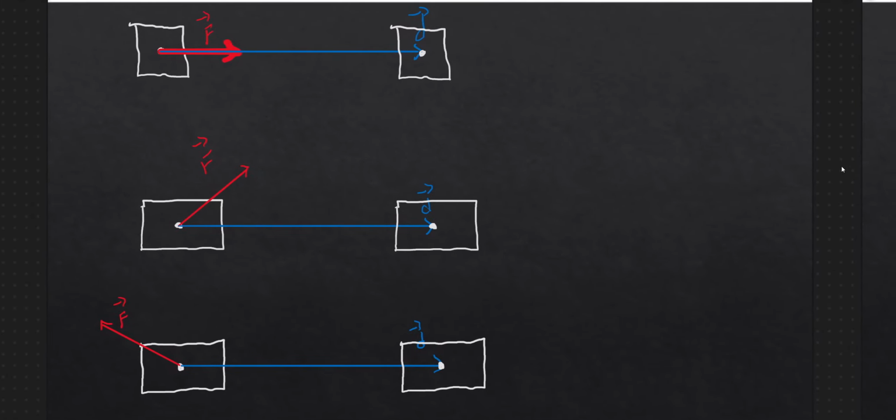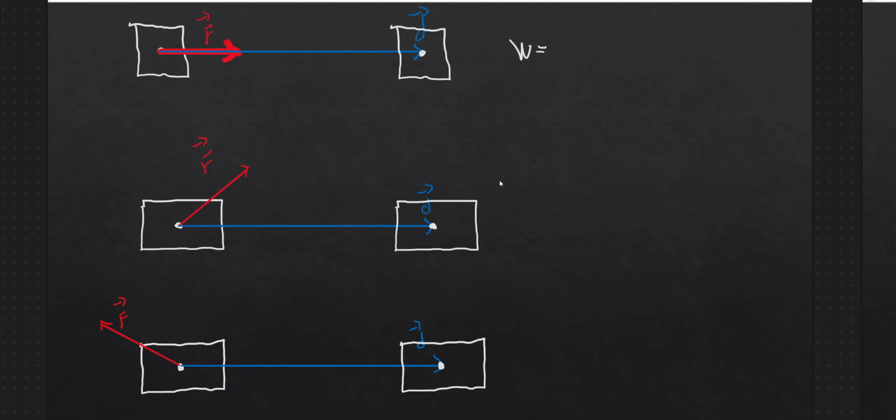So again, we start up here. I'm not super imaginative here. We're just taking a block, we're applying a force to it, and it's moving along this vector d. This is representing its displacement. So over on the right-hand side, this is where the block ended up. Left-hand side is where we started. This force is constant throughout the movement of the block. In this case, the work done is, as I said before, just force times distance.